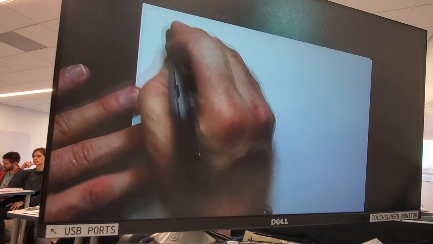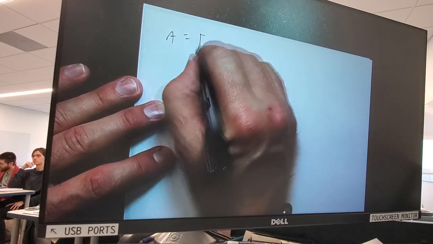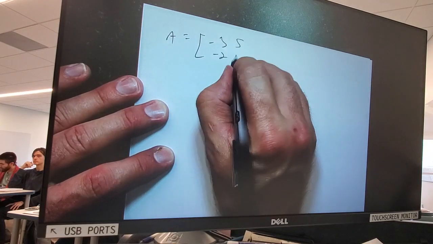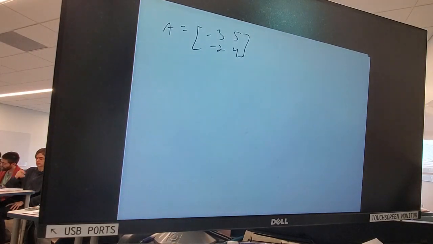Okay. So let's look at this matrix here. Nothing really special about that poor little guy, right? It's invertible because the determinant's not 0. It's not symmetric. So there's nothing special about it.